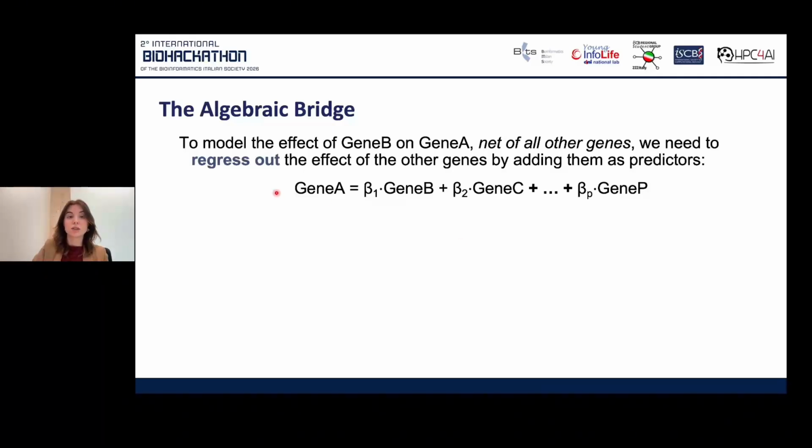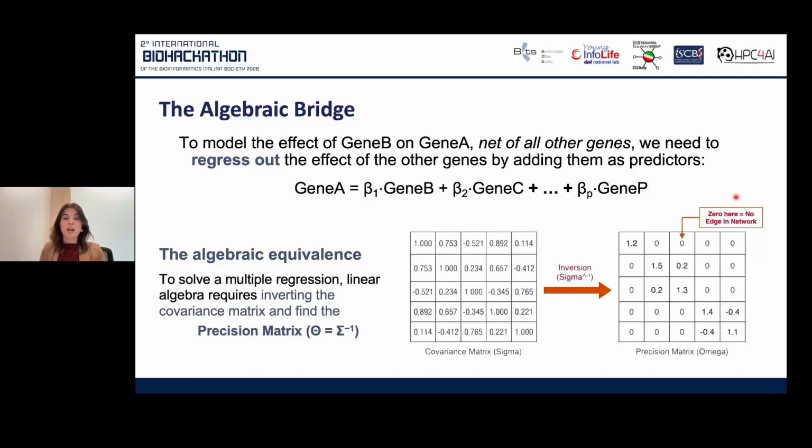So we need to build something like this, as we were saying before. The equivalence in algebra would be to solve a multiple regression and would mean, in this case, to invert the covariance matrix. That means the precision matrix. So all the elements of the precision matrix perfectly encode these multiple regression coefficients.